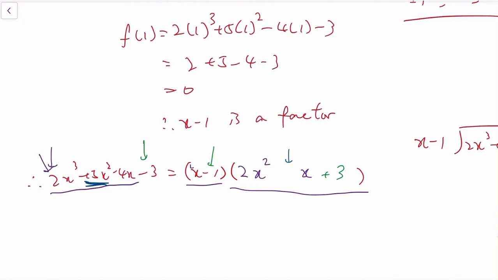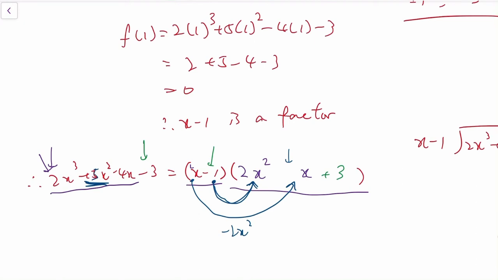So you think, how can you get some x squared term? The answer is you can have the constant times the x squared, or the x term times this x term. From the -1 times 2x squared, I would have -2x squared. But at the end, I need 5x squared.